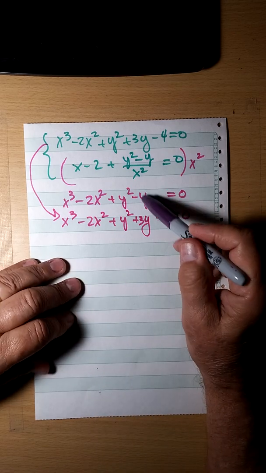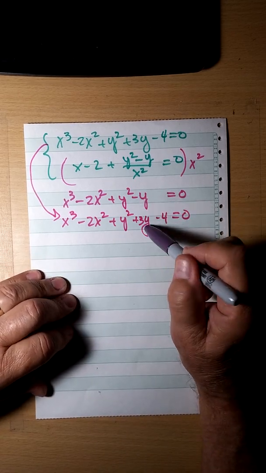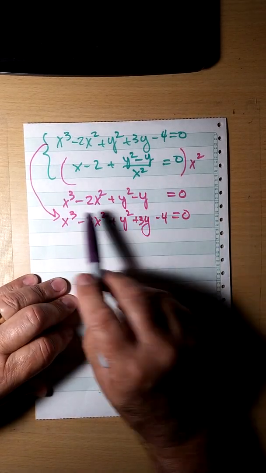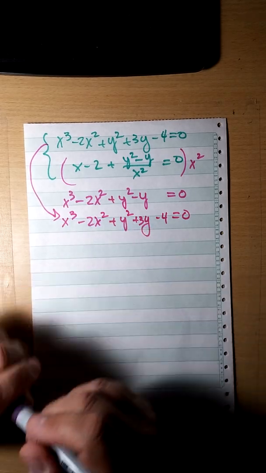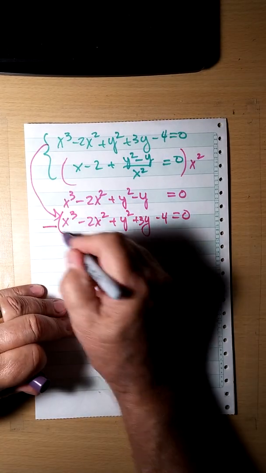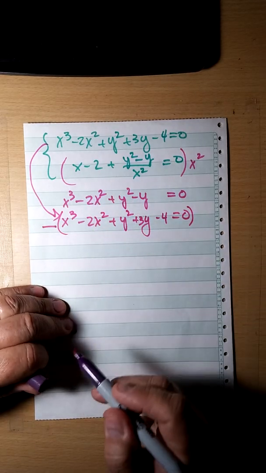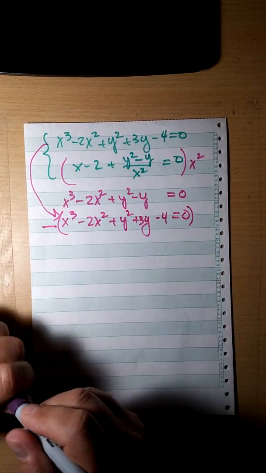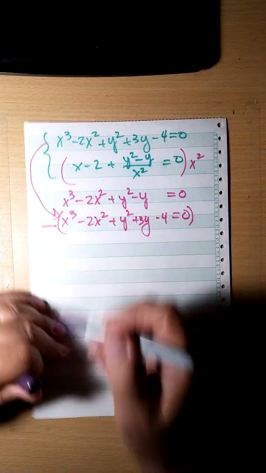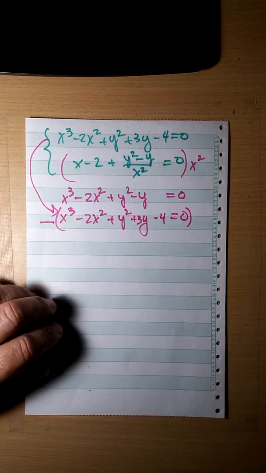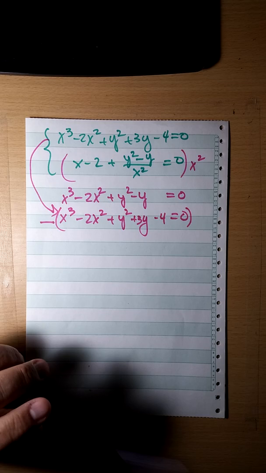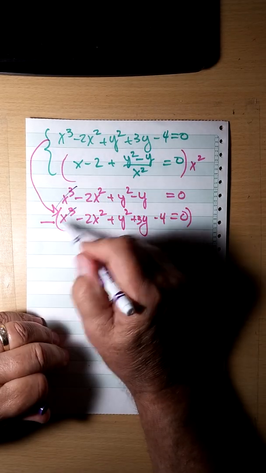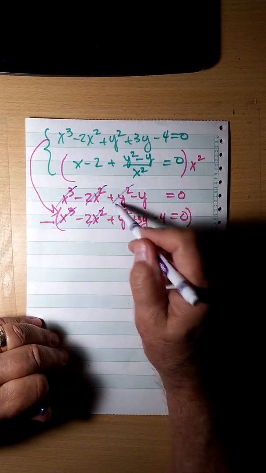When you get down to just these linear terms, that's okay. But look at these three. I can get rid of all three of these by subtracting that second one from the first one. Just change all the signs and add if you want to. So this cancels. Let me do this with a different color. This cancels, and this cancels.